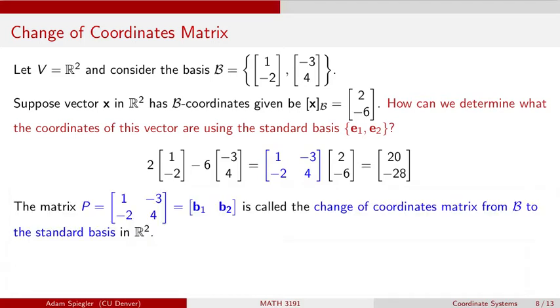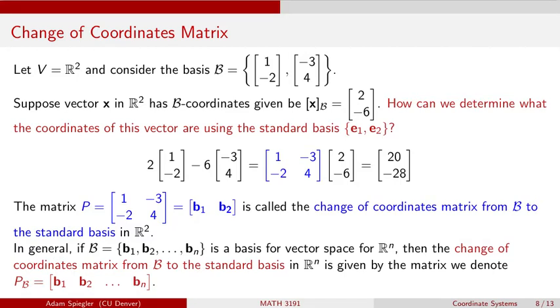So this matrix that we just defined, P, whose columns were each one of the vectors in our basis, we call the change of coordinates matrix from this basis B to the standard basis in R2. And we can generalize this to higher dimensional spaces.